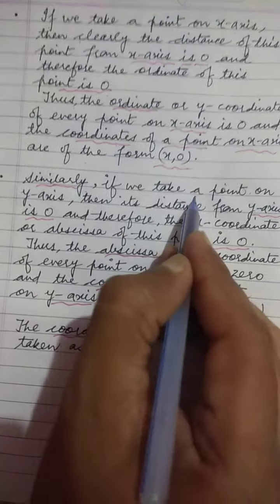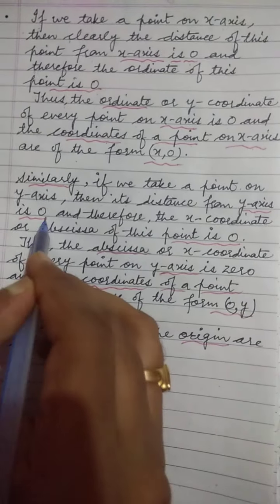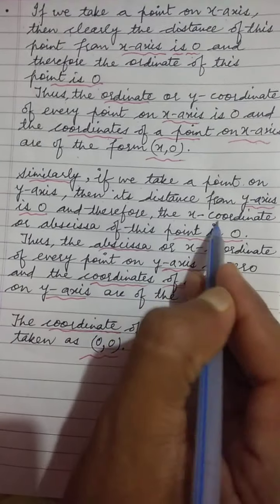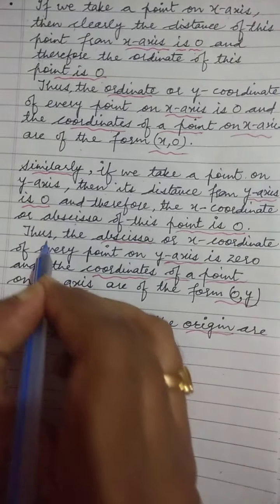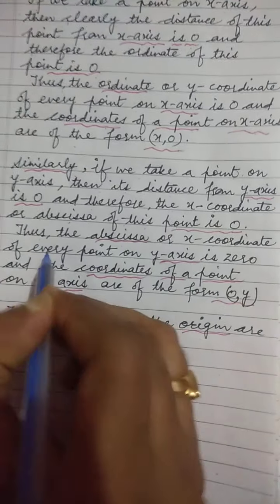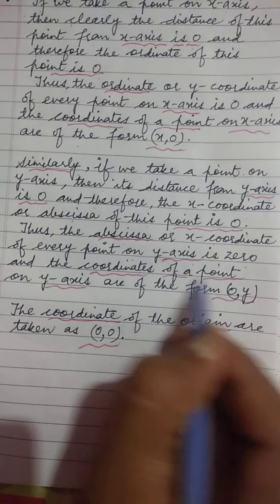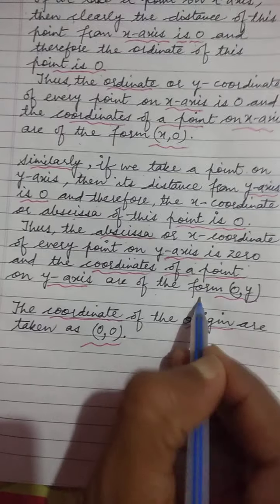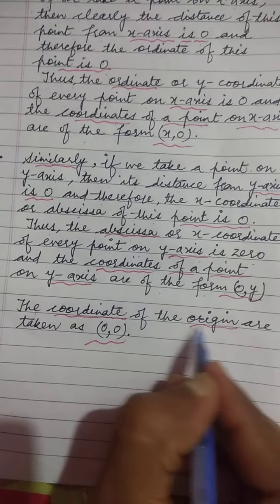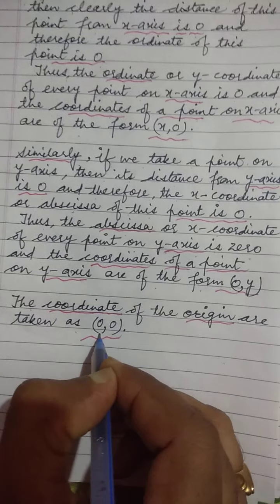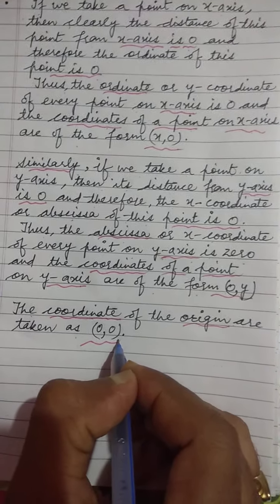Similarly, if we take a point on the y-axis, then its distance from the y-axis is 0, and therefore the abscissa of this point is 0. Thus the abscissa of every point on the y-axis is 0, and the coordinates of a point on the y-axis are of the form (0, y). And we know that the coordinates of the origin are (0, 0). This is the introduction of coordinate geometry.